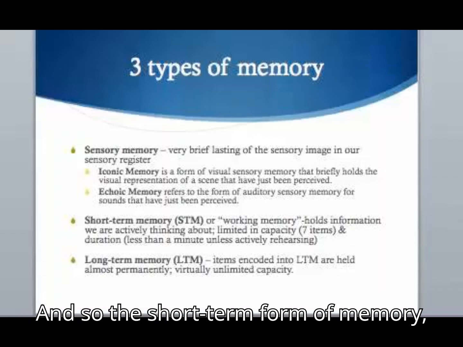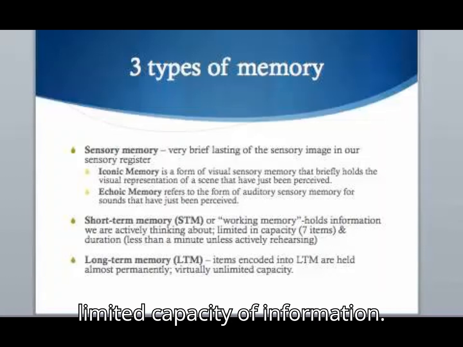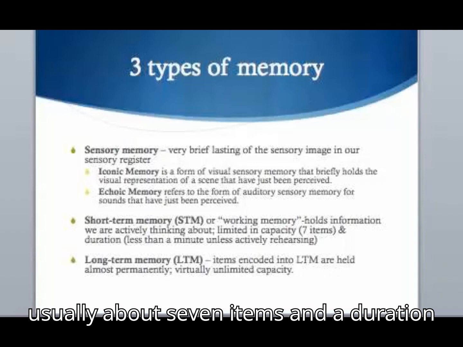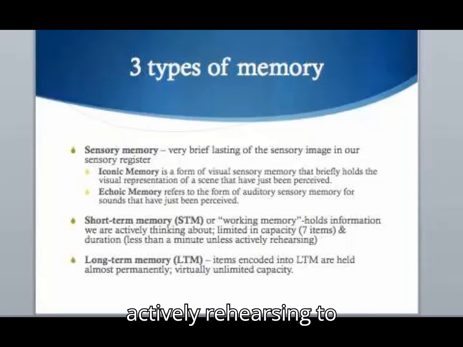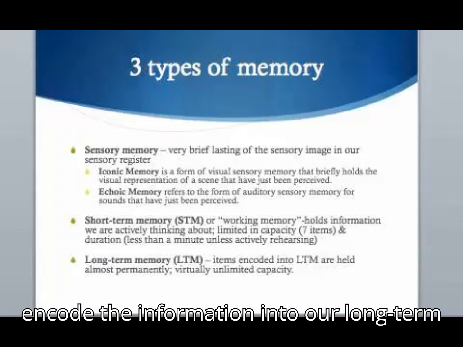And so the short-term form of memory, this working memory, holds a limited capacity of information, usually about 7 items, and a duration of less than a minute unless we're actively rehearsing to consolidate the information and to encode the information into our long-term memory.